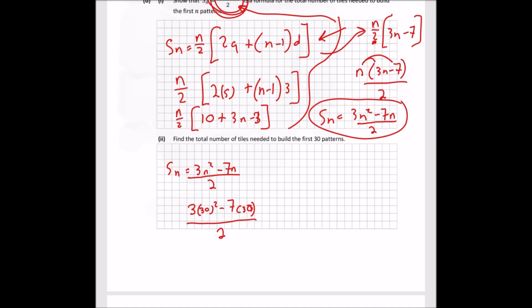We could just throw it into a calculator, but let's do it out. So we have 30 squared is 900, and 900 multiplied by 3 is 2,700, plus 210 over 2, and that will give us 1,455 tiles. Okay, so we need that many tiles to build the first 30 patterns.